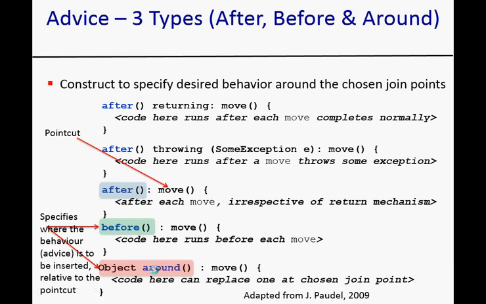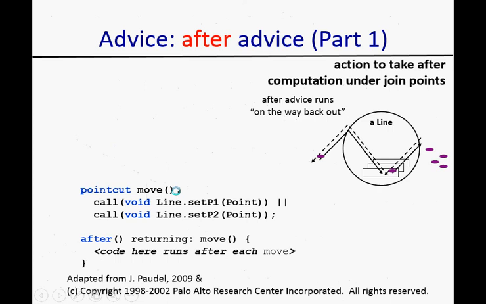Okay, and we may have a named point cut, or we may have an anonymous point cut. So for example, here's our point cut. We might say after returning move, and after move is returning, we will then execute, ladies and gentlemen, the code.